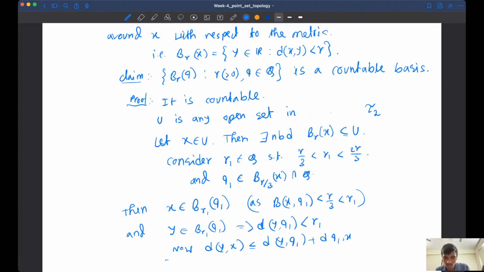So this is less than r1, and d(q1, x) is again less than r/3 because q1 belongs here.